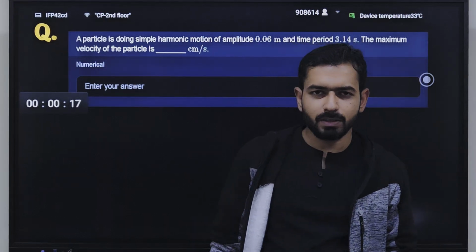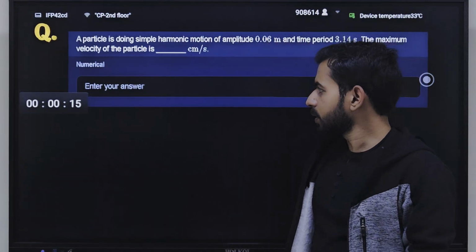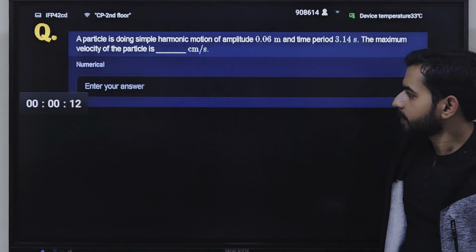See, till now, the maximum questions that we have solved were numerical based questions, and this is also one of those numerical questions.